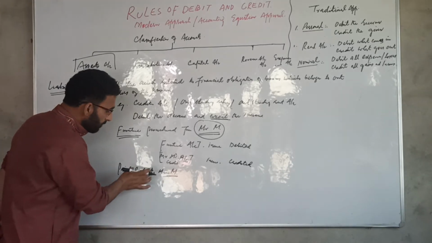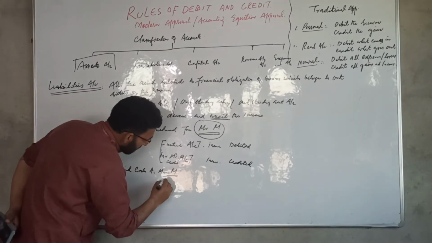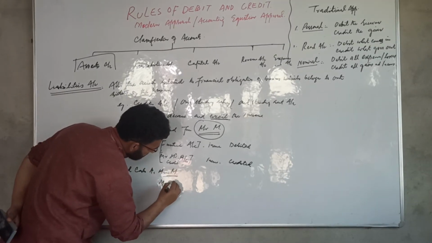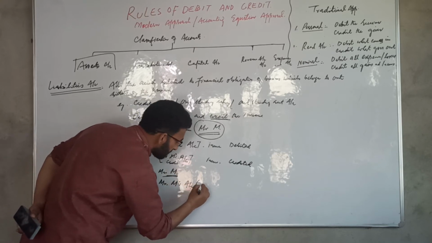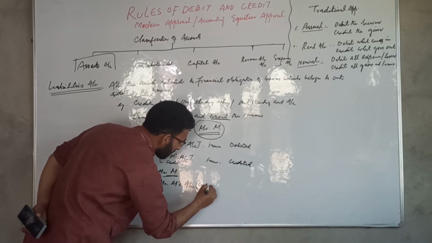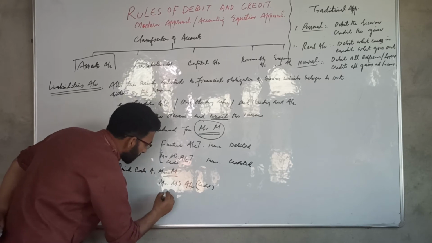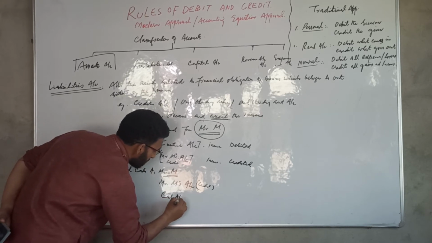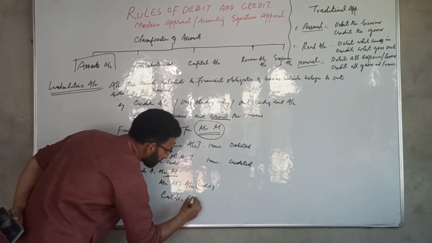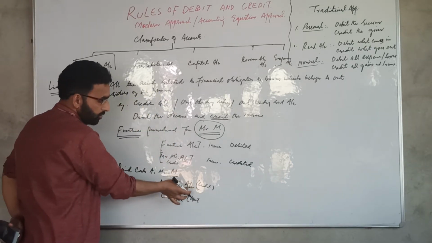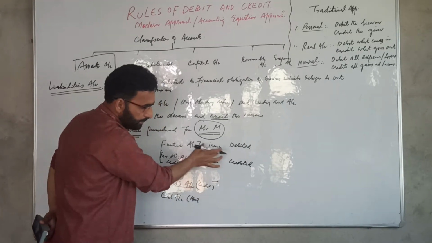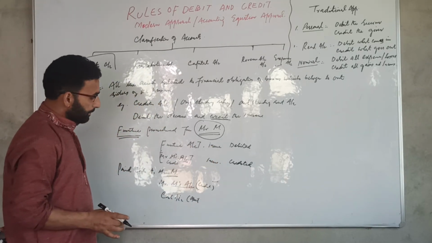The two accounts involved are Mr. M's account, Mr. M is the creditor, and the cash account, that is an asset. Creditor is a liability.